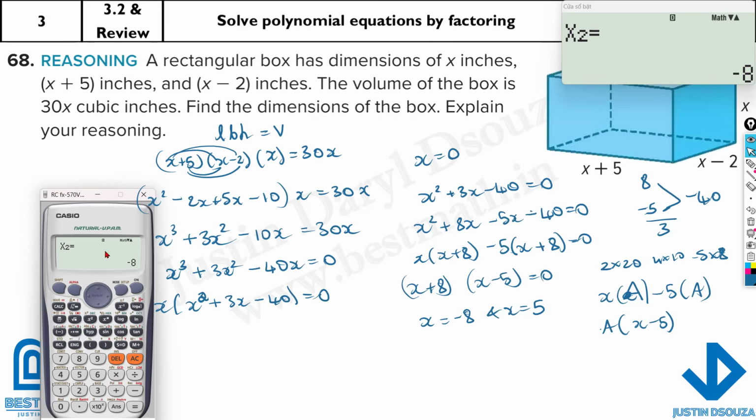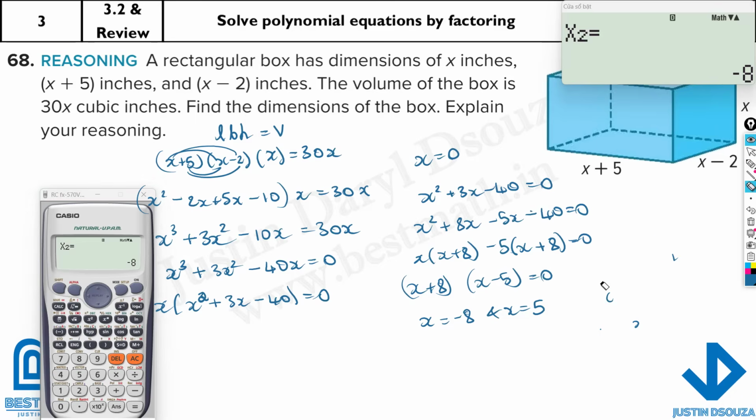But how can we avoid this writing? How can we avoid this step, whatever I've done over here? You can avoid that, I'll show you how. Once you get the quadratic equation over here, put it in the calculator. If I put in the coefficients 1, 3, and minus 40, the answer is 5 and minus 8.